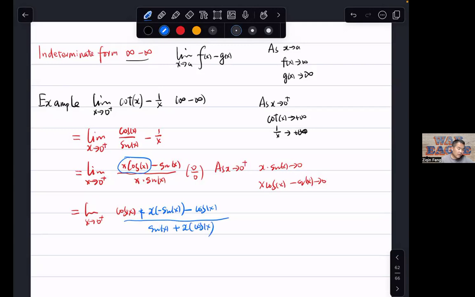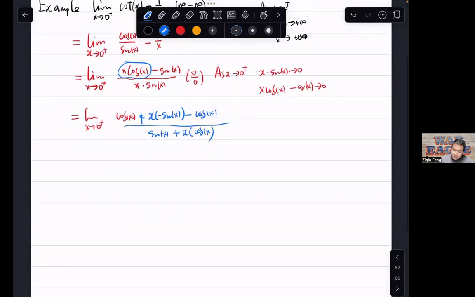And try to simplify this because cosine of x cancel each other, right? You get an easier fraction. So this is equal to, as x goes to 0 on the right side, negative x sine of x over sine of x plus x cosine of x.